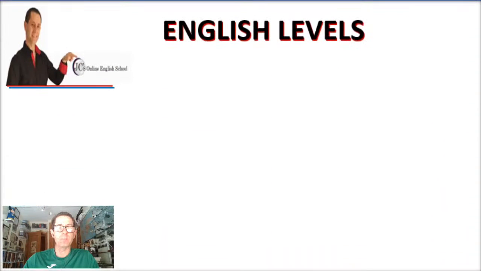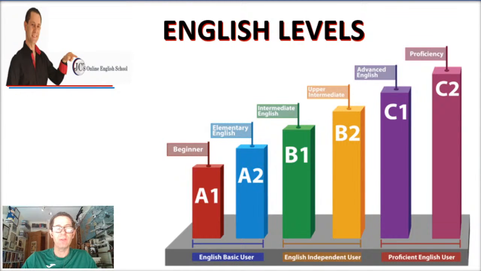Remember, there are 6 English levels: A1 beginner, A2 elementary, B1 intermediate, B2 upper intermediate, and C1 advanced. On Mondays I teach A1, Tuesdays A2, Wednesdays B1 today, Thursdays B2, and Fridays C1.